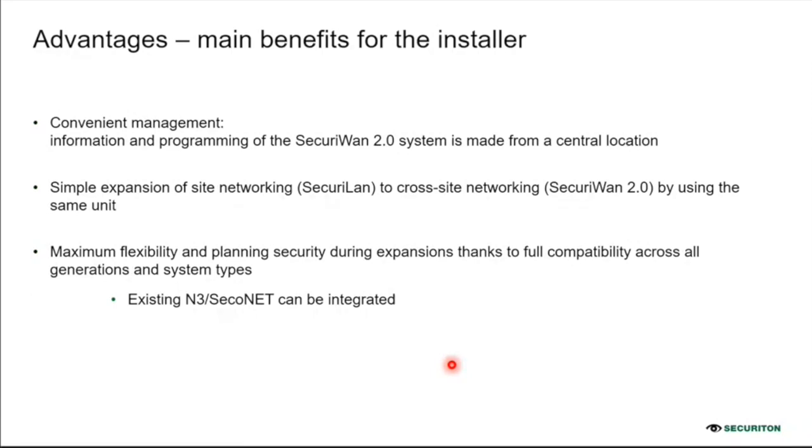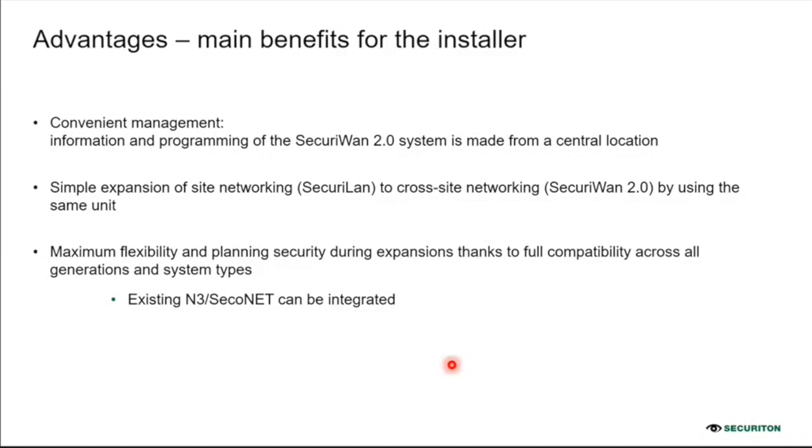So what's the main benefit for the installer? We can receive information and we can program the system, also the sub panels, through the SecuriWan. So we have, let's call it, central configuration.